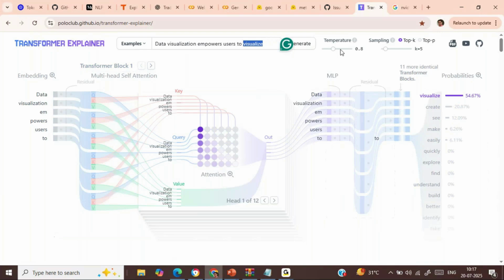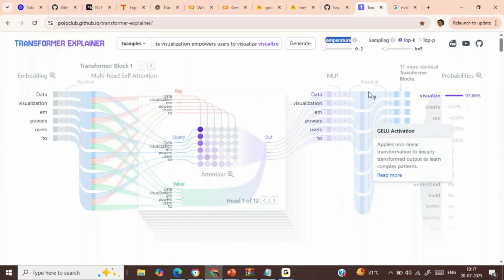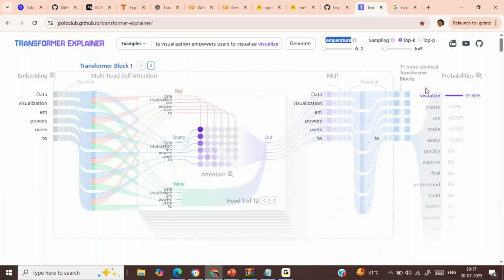Yesterday I was talking about the temperature. Okay, temperature is used to restrict this particular output. So if I'm decreasing the temperature near to zero, then it will provide the single answer. Okay, it will restrict my output to the single one, and it will not be a generalized outcome.